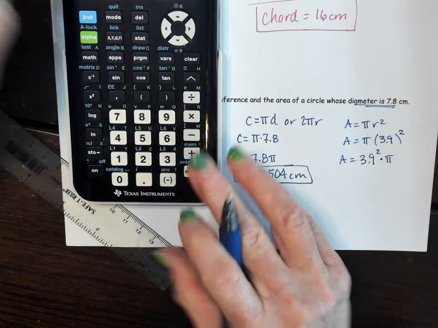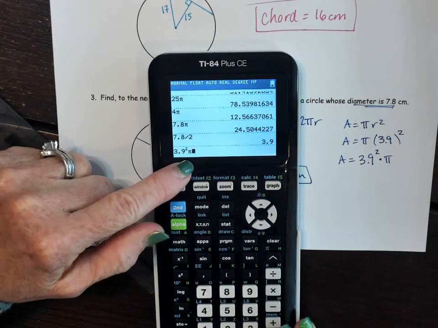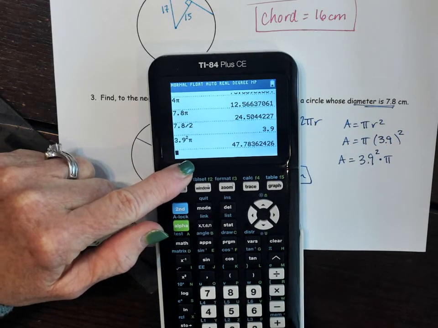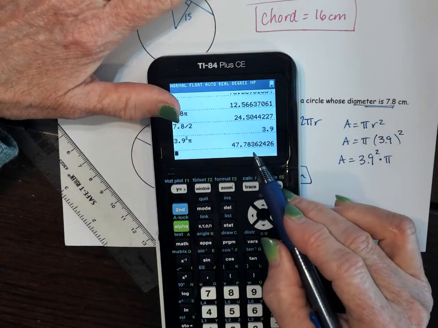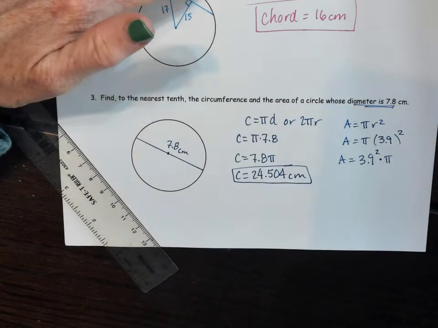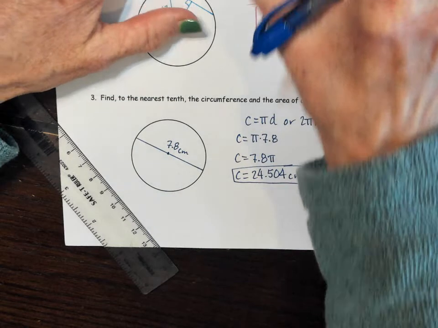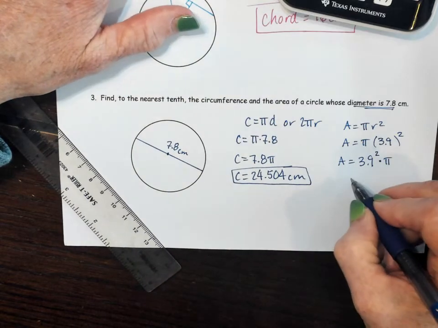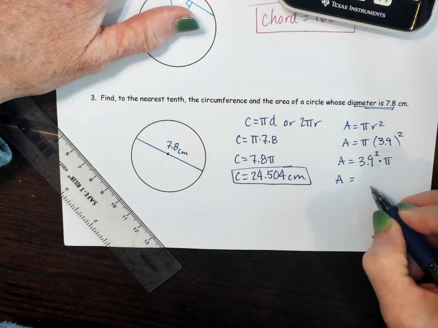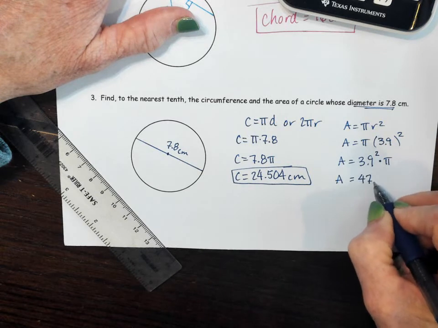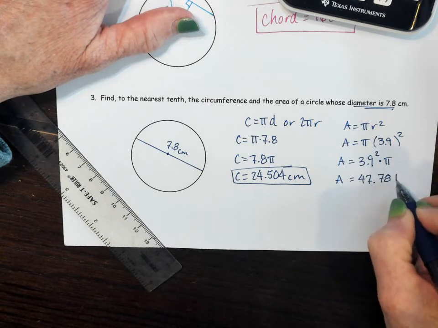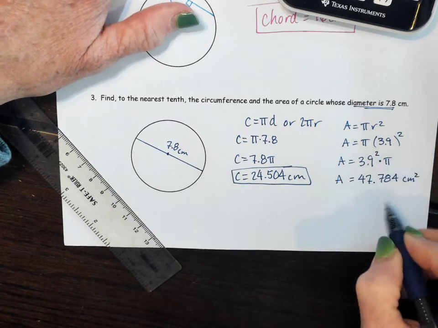So 3.9 squared times pi is 47.784. Oops, I didn't read directions. 47.784, and this is centimeters squared.